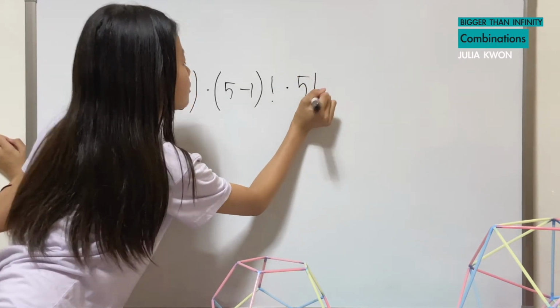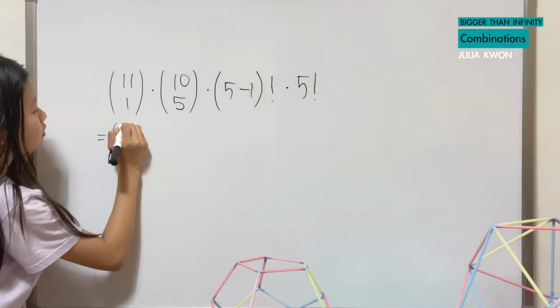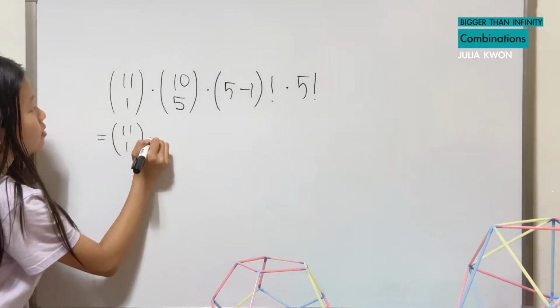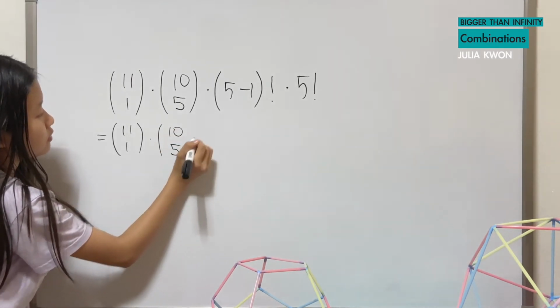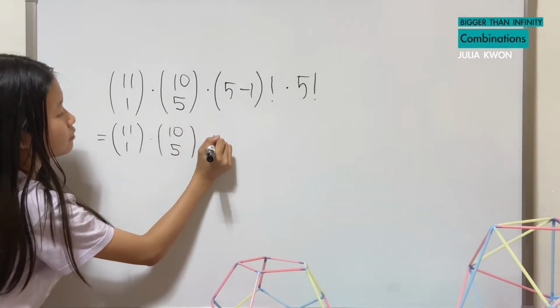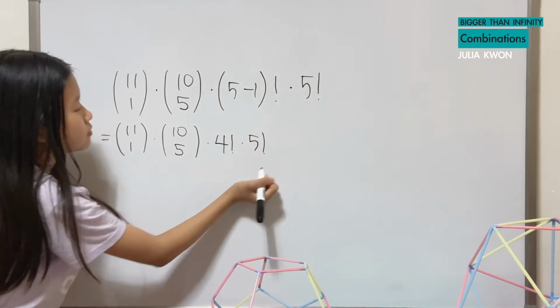5 factorial. So let me rewrite this. This is equal to 11 choose 1 multiplied by 10 choose 5 multiplied by 4 factorial and 5 factorial.